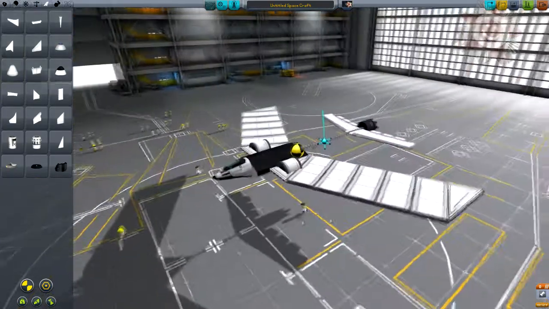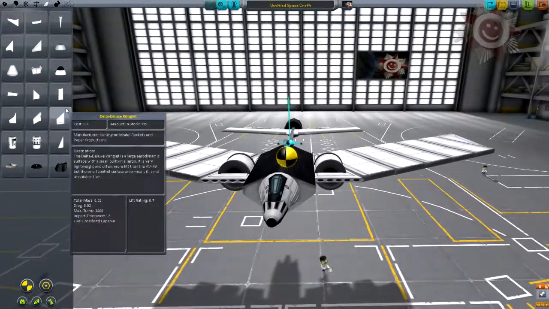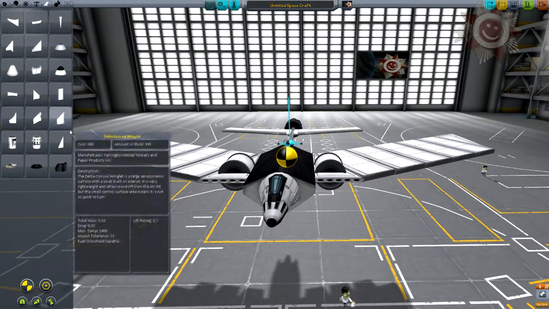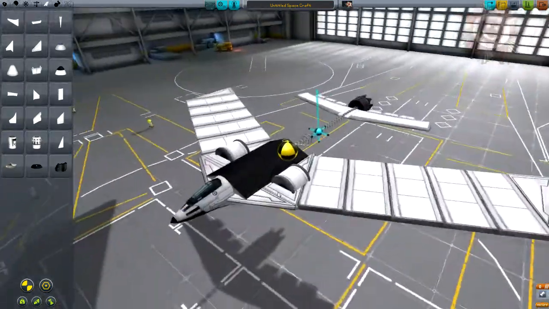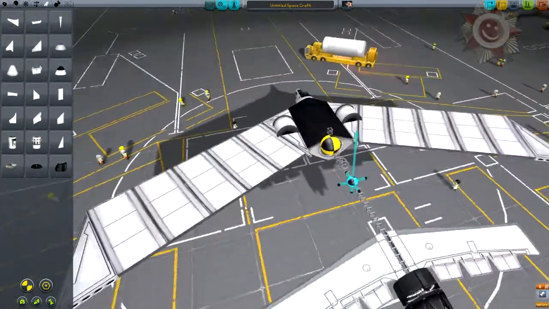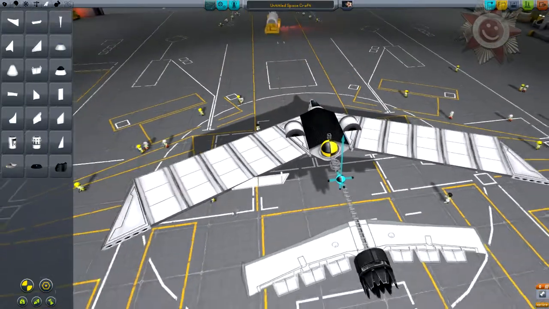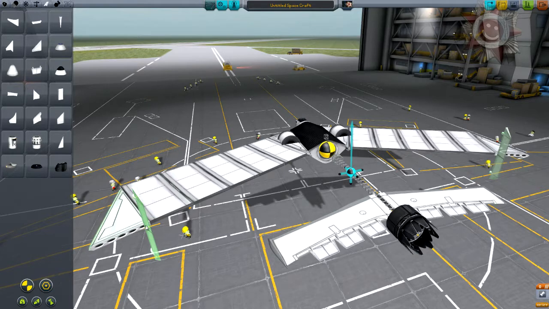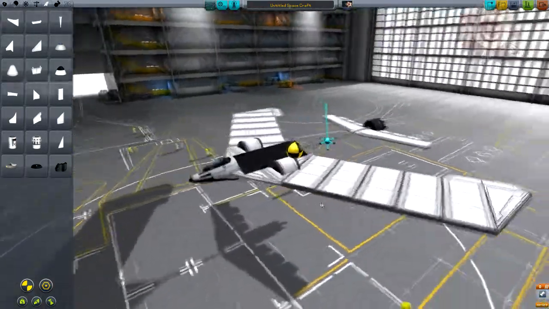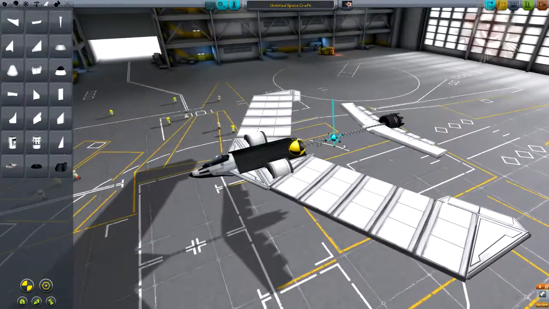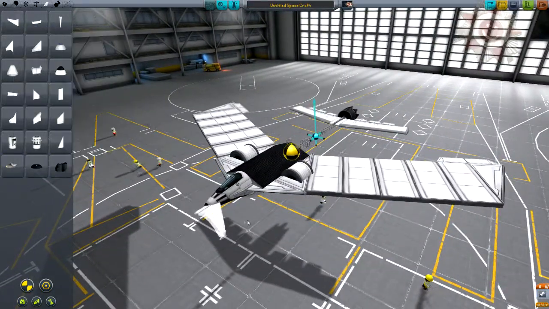Even though the looks aren't essential, they are important nonetheless, so I'm going to cover up these ugly black holes with these wings, and now we see it's still behind. We'll place these control surfaces right here, and what we can do is we can use the canard wings.